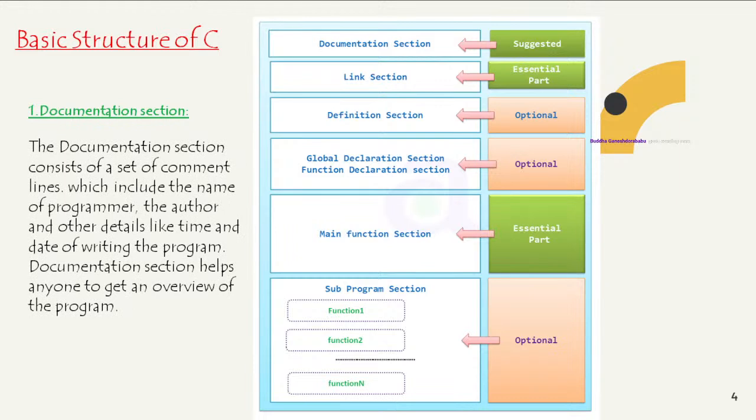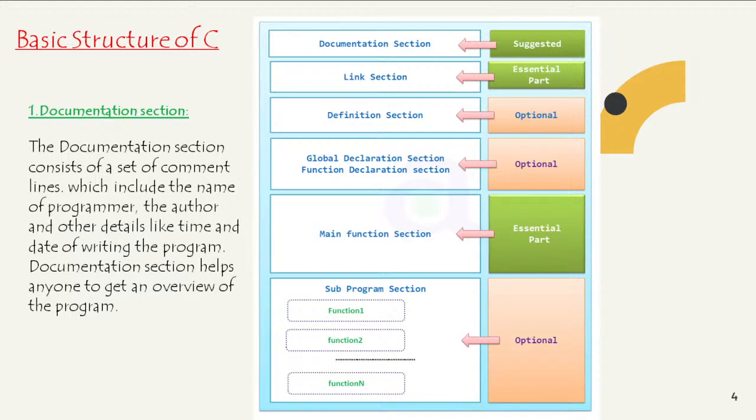The documentation section consists of a set of comment lines, which include the name of the programmer or author, and details like the time and date of writing the program. We can also include a description of each and every line of your code.